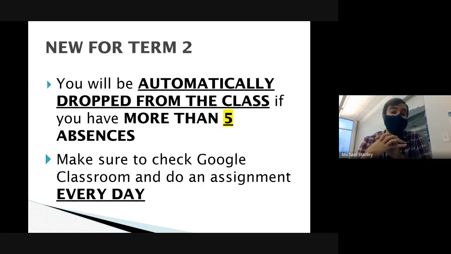If you miss more than 5 days, if you miss 6 or more days of daily assignment or Google Meet meetings, you could be automatically dropped from the class. As in, Skyward knows, since I have to put in the assignment every week, Skyward will know, hey, this person has 6 absences, and you could possibly get automatically booted from the class.